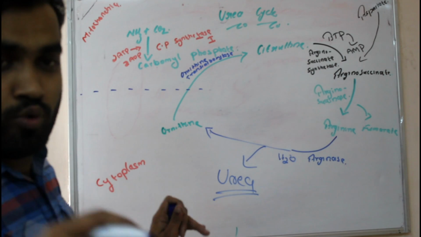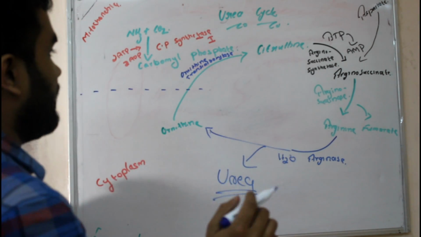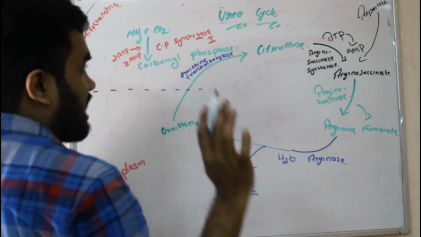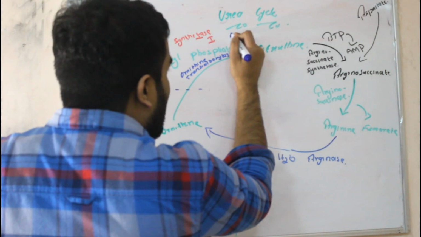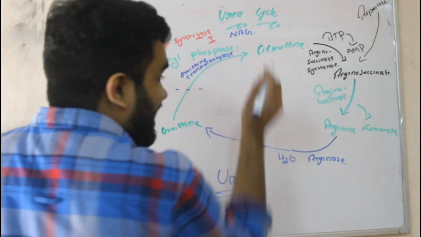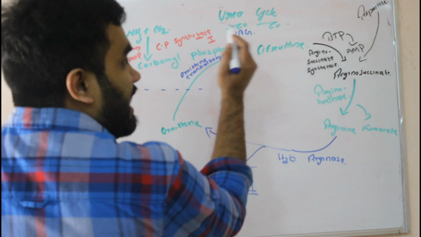Now listen carefully here: what are the mitochondrial enzymes? Ornithine transcarboxylase. We have one more enzyme here, known as NAG. You know snake, right? In Hindi, NAG means snake. Here NAG is N-acetyl glutamate.